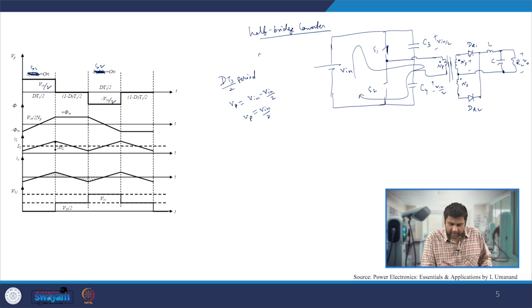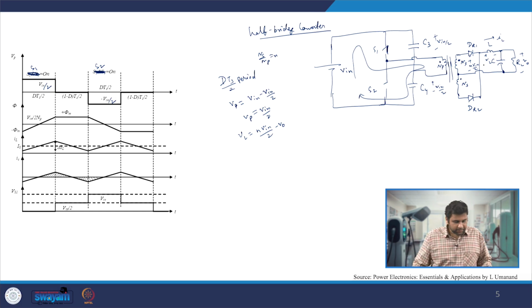If we say Ns by Np to be equal to N, then it is nothing but N V in by 2, and that will appear across this inductor, same operation as the inductor. This VL is nothing but N V in by 2 minus V naught, if we do this loop.